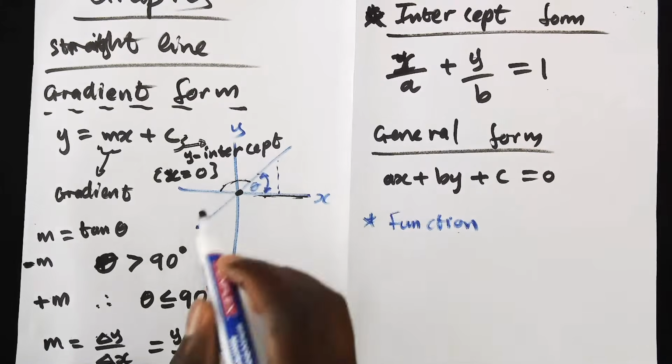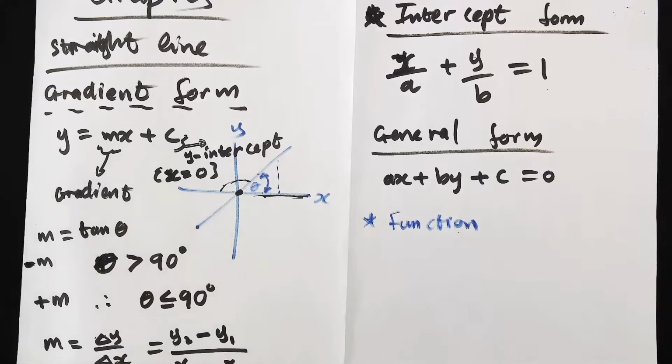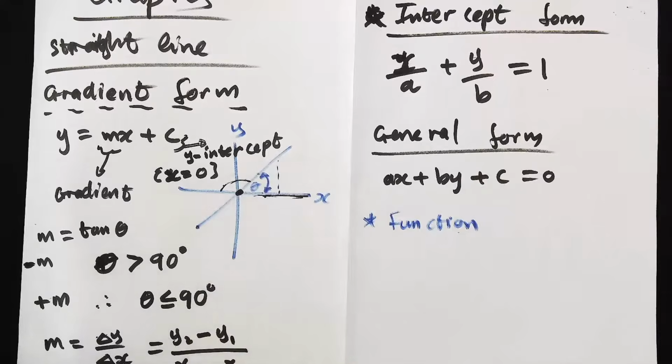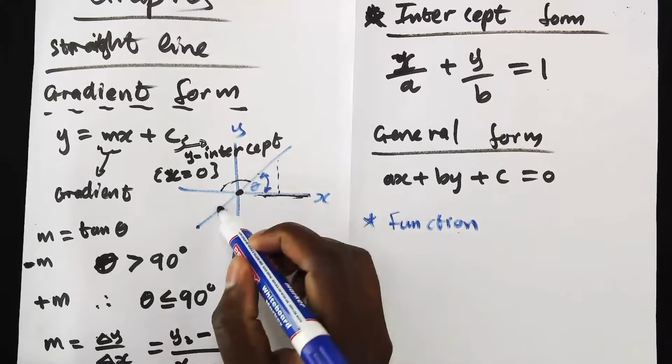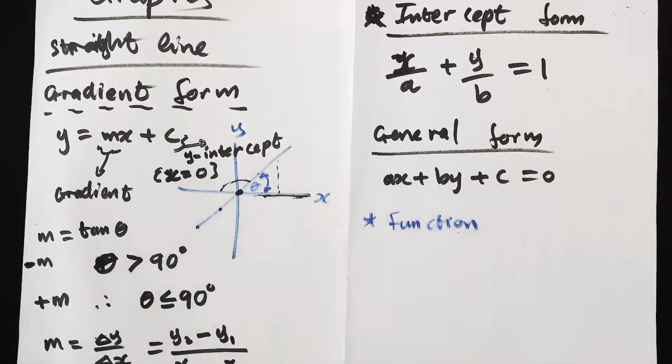If we let x equal to 0, we'll have one value of y. For example, if x is 0, y is 0 then. If x is minus 1, y will be minus 1 for this graph. So when you substitute one value of x, you get one value of y.